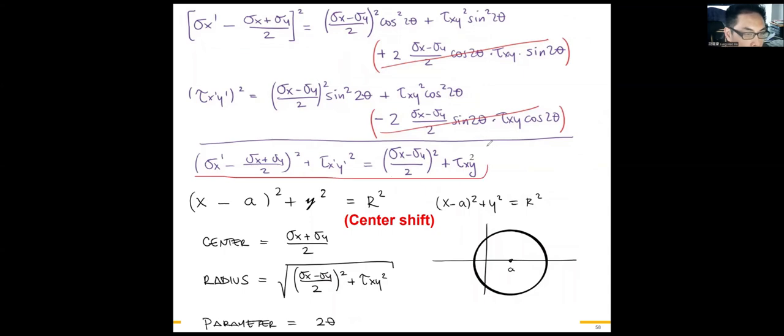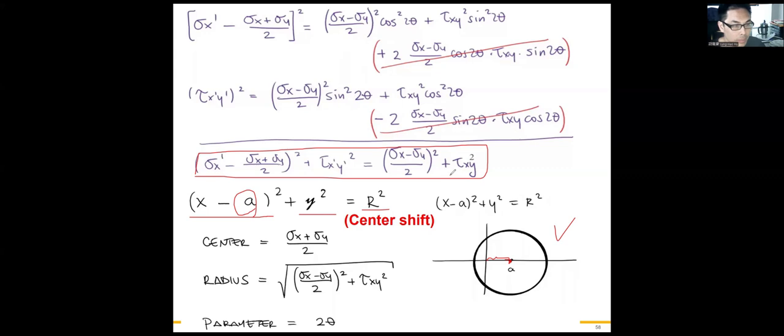Well, we can see it's quite similar to a circle, x squared plus y squared equals r squared, and the A represents the shift of the center, or say center shift. Then we define this as a Mohr circle. So what is its radius?